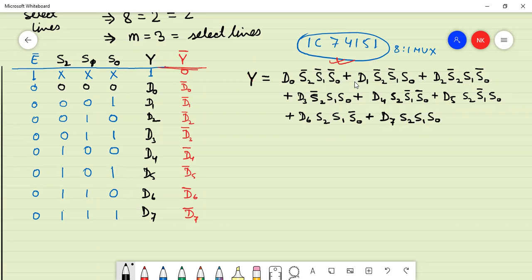Okay, so based upon this truth table, we have this expression. Now this expression can be easily realized using logic gates.